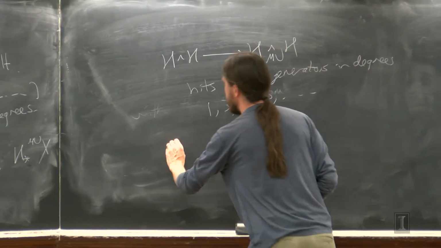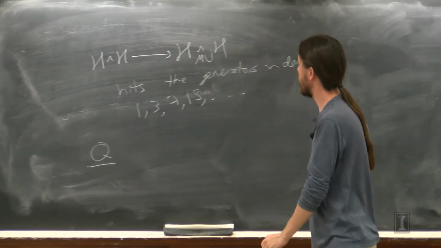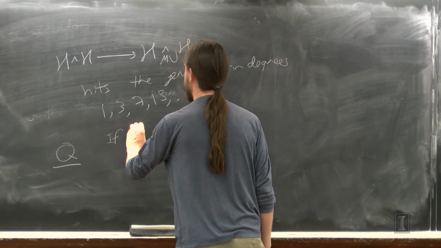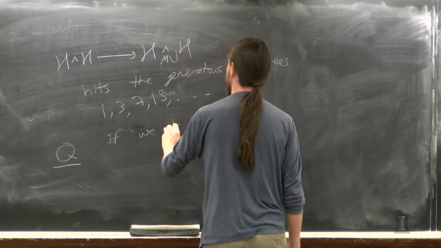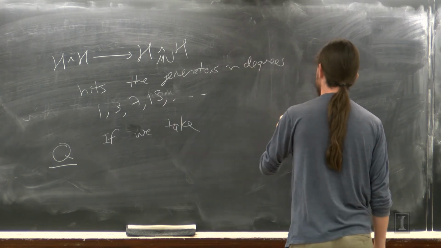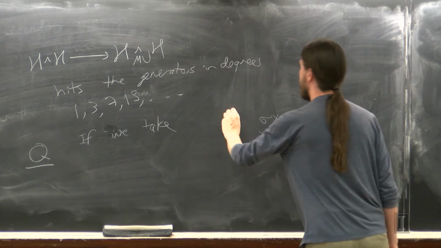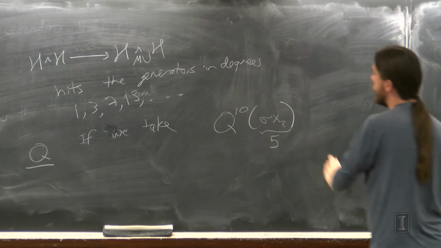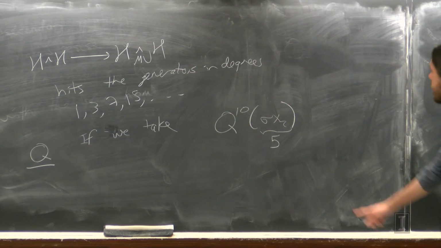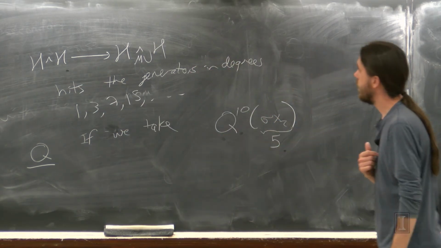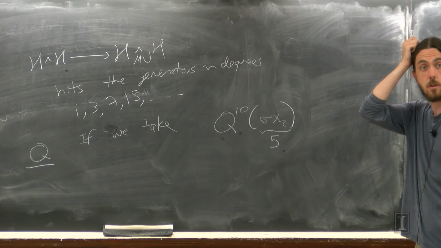And so one can reduce the whole calculation of the secondary operations to the following question. If we take sigma x2, which is an element in degree 5, and we apply the Dyer-Lashof operation Q10 to it, this is an element that's not in the image here, but its Dyer-Lashof operation could be.